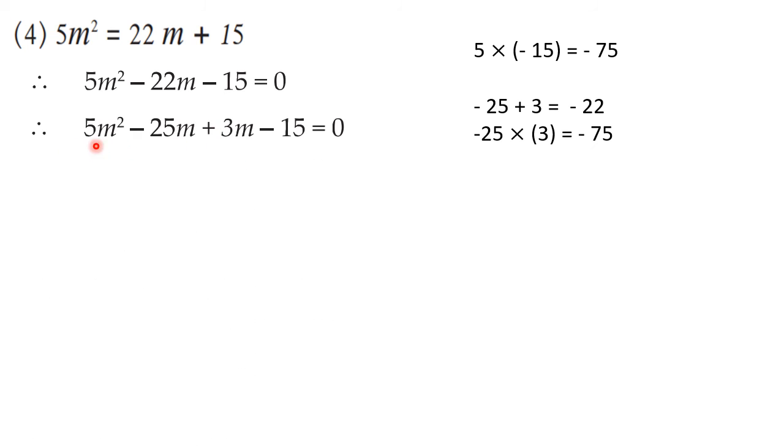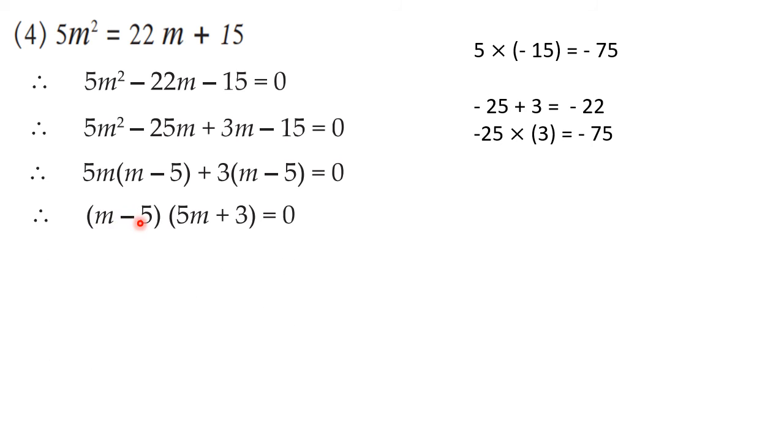Now let us take out common. See, grouping we have to do. But now what we can observe here is only m is not common here, but 5m is common here. So while taking out common here, you take out 5m as common, and then inside the bracket you will get m minus 5. And here 3 is common, and here you are going to get m minus 5. You know that both the brackets are always the same. Now we will write down the factors in two different brackets, m minus 5, and the other bracket is 5m plus 3.